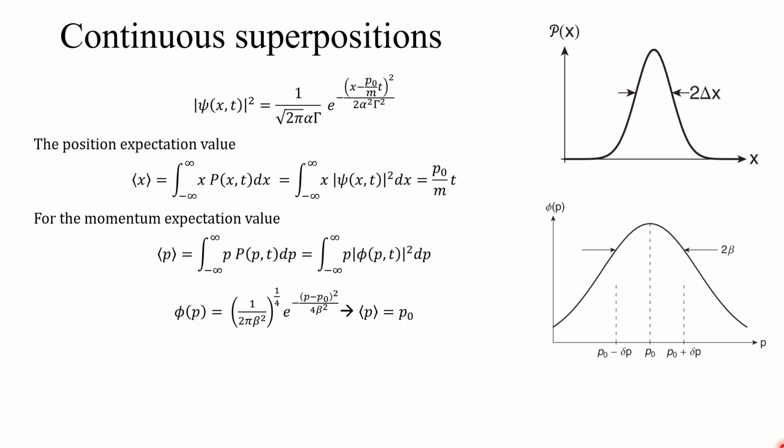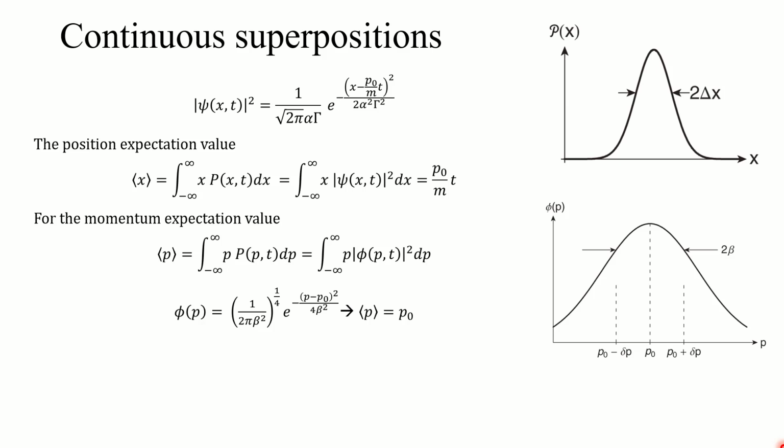If we look at that momentum space wave function, we made it in a Gaussian form. So that probability distribution is again Gaussian, and its average value is going to be centered at p naught, that central momentum eigenvalue. So that expectation value is just p naught.